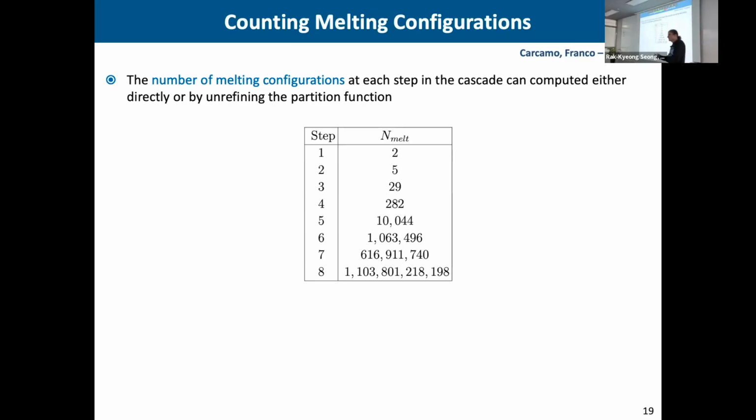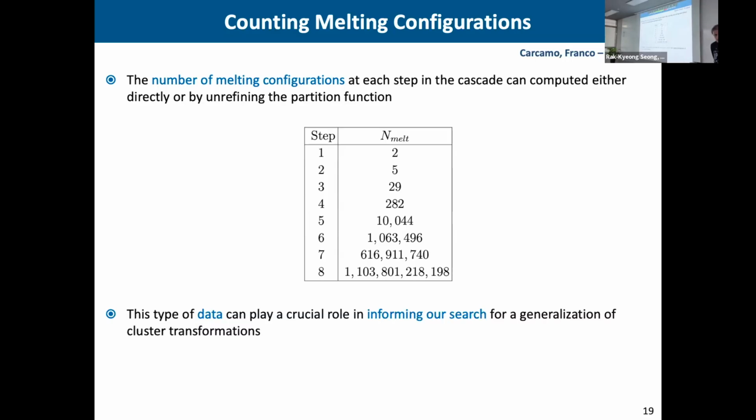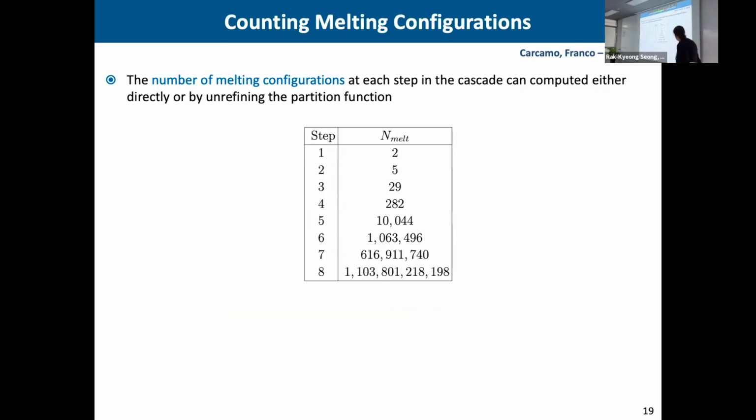Hopefully, this putative generalization of the cluster transformation also has the nice properties that the usual cluster algebras have, which were surprising in these days: the Laurent phenomenon, integrality of the coefficients, and positivity of the coefficients. So ideally, if we manage to reproduce these numbers, we are on a good track. How fast does it grow? Is that factorial?